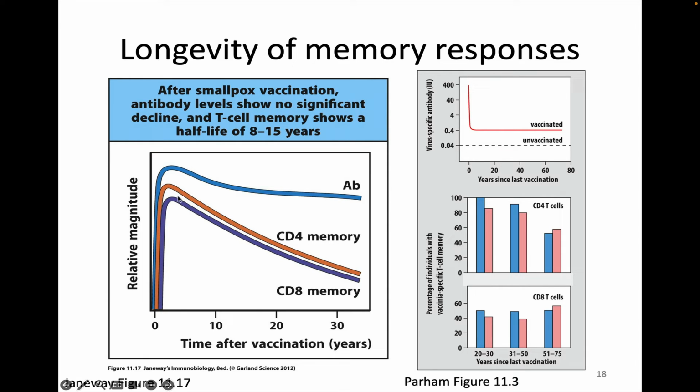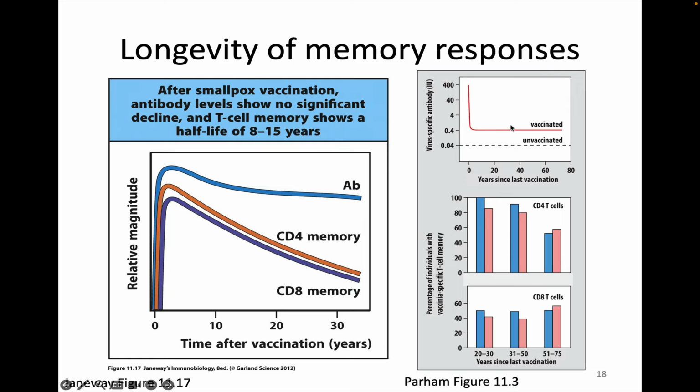And you can also see that CD4 and CD8 cells are lasting for long periods of time. In terms of relative magnitude, you can also see this on the left. If we look at antibody levels in unvaccinated people, we basically can't find them. They're below the limit of detection.